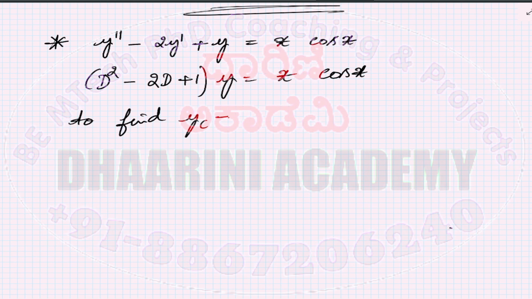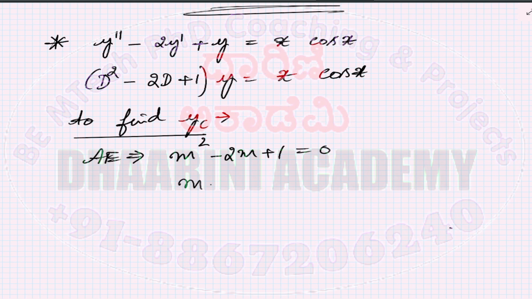To find yc, we'll write the auxiliary equation as m squared minus 2m plus 1 equal to 0. This is m minus 1 the whole square equal to 0. So we observe that m becomes equal to 1 comma 1, which means roots are real and repeated.